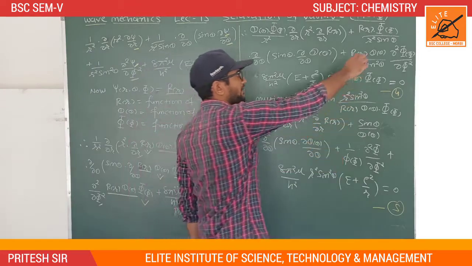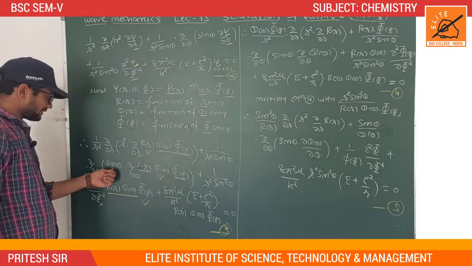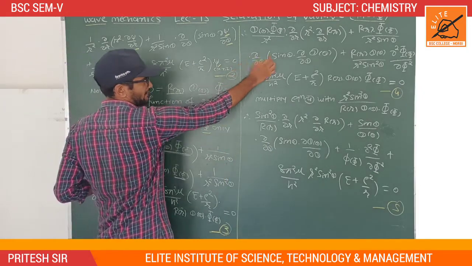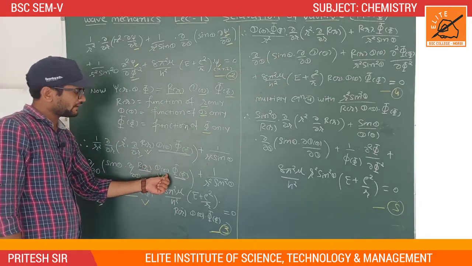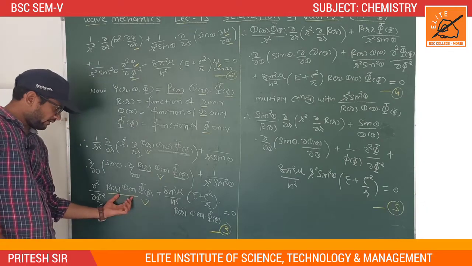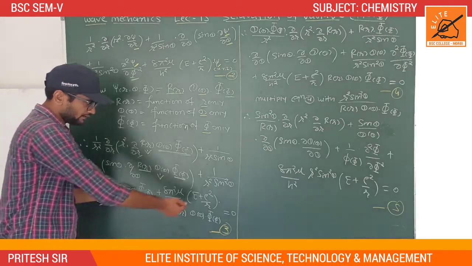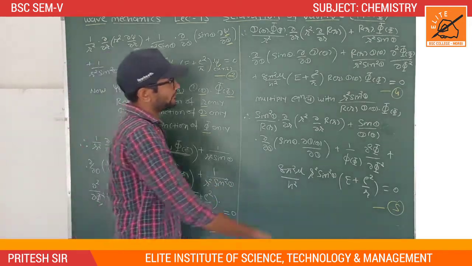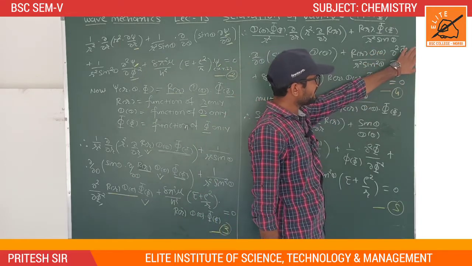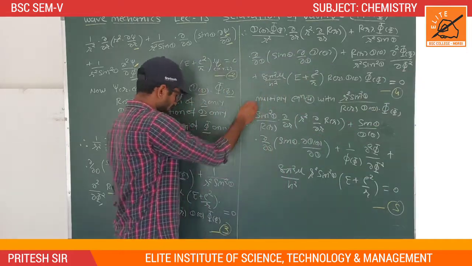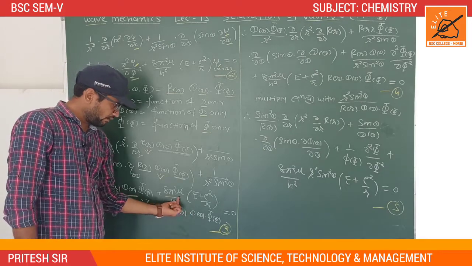It means R of r and Phi of phi upon r squared sin theta into del by del theta of sin theta del by del theta of Theta of theta. In the last term these two are constants, therefore R of r Theta of theta upon r squared sin squared theta into del squared Phi upon del phi squared. Plus, in this case there are no variables; this whole term is constant.